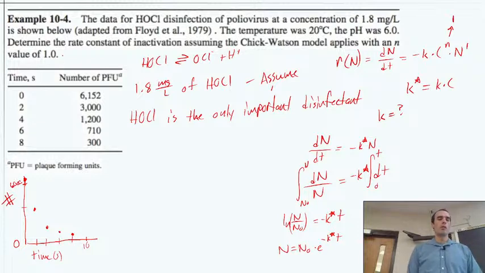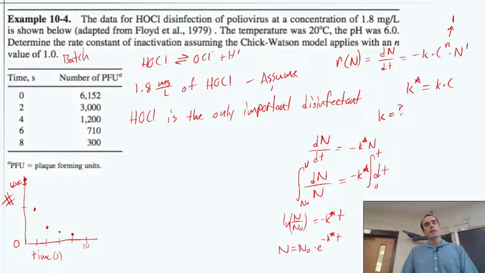So one thing we ought to assume is this is just in a batch system. I probably should have specified that, but we're not given any information about flow. It's disinfecting, it's in here, and this is what's happening over time, right? Even the time dependency probably tells us that we're in a batch system.